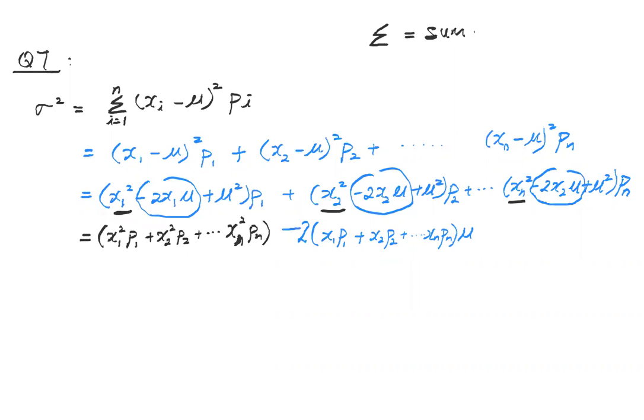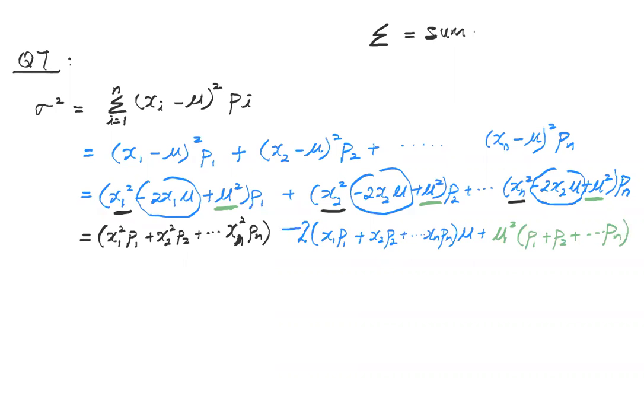Then the third group. You can see in the third group that everything is just mean squared times p1. All have mean squared. So I will write this as: mean squared, the first one, p1 plus p2 plus dot, dot, dot, pn.